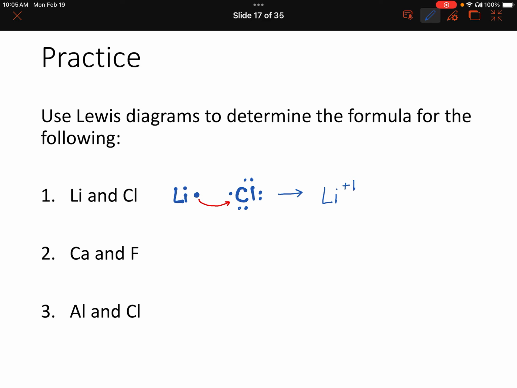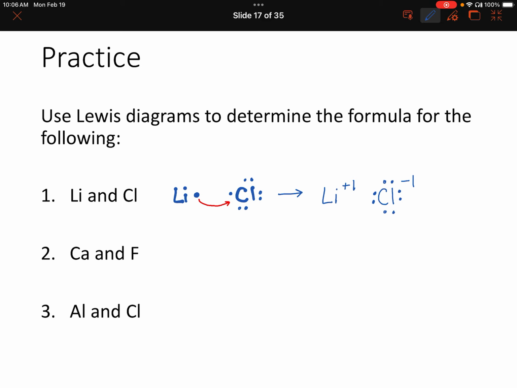When it loses one of those negatives, now it has 1 extra positive, or an extra proton if we want to be specific about what it is. And then chlorine has an equal number of protons and electrons, but when it gains an electron, now it has an extra negative. So it's going to become a negative 1 ion.